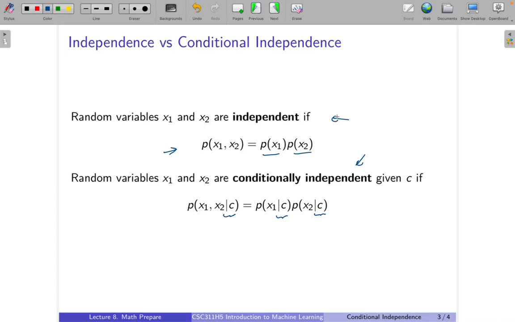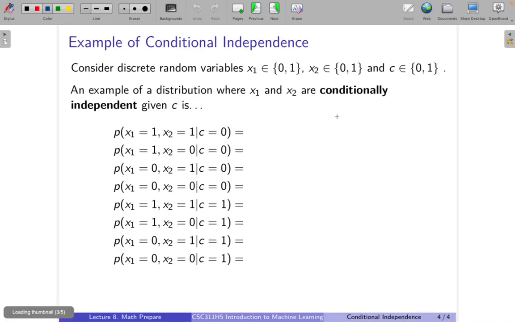So to show that conditional independence does not imply independence, let's come up with a distribution that has the conditional independence property but does not have the independence property. So let's come up with such a distribution.